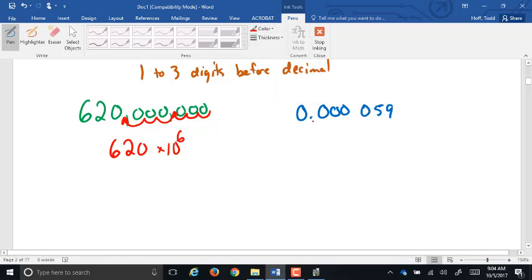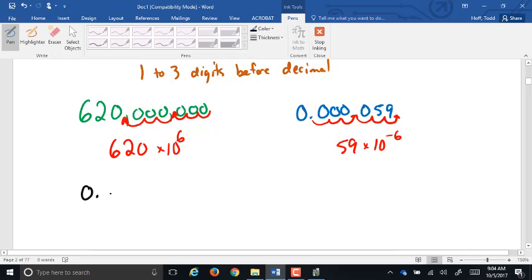On this one, I can go 3 spots. 1, 2, 3. Can I go 3 more? Well, it kind of looks like I can't, but I have to because right now there's nothing in front of the decimal. So 1, 2, 3, 4, 5, 6, I should say. So that's 59 times 10 to the negative 6.